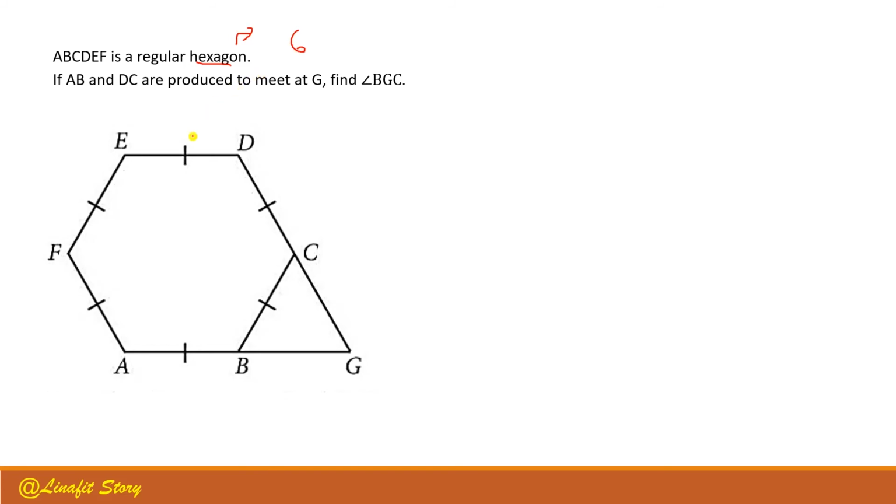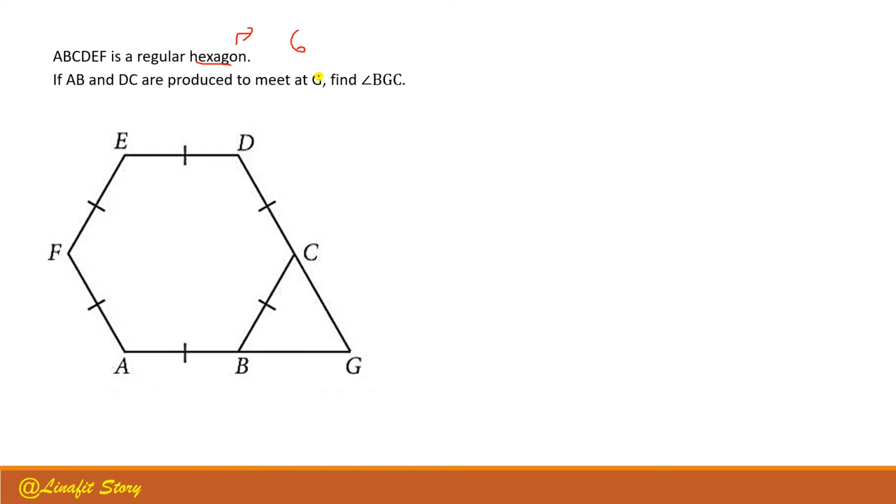So this is A, B, C, D, E, F. AB is produced at G. DC is also produced at G. So how do we find angle BGC?